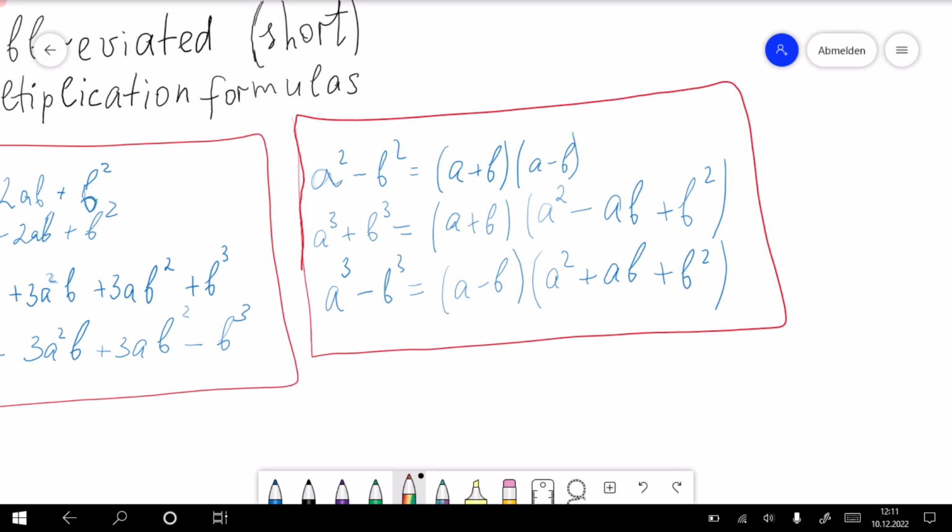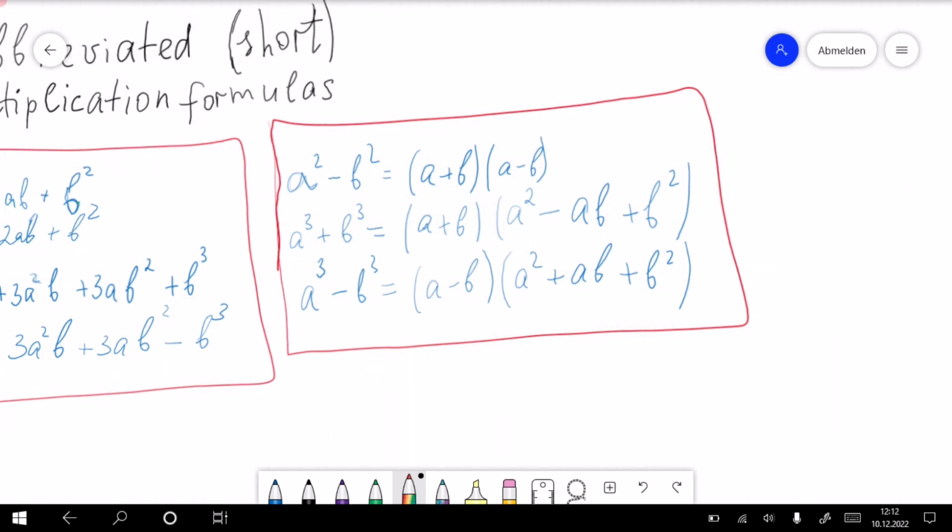And the last one, a cubed minus b cubed equals a minus b multiplied by the parenthesis a squared plus ab plus b squared. These three formulas are called: the first, difference of squares; the second, sum of cubes; and the last one, difference of cubes.